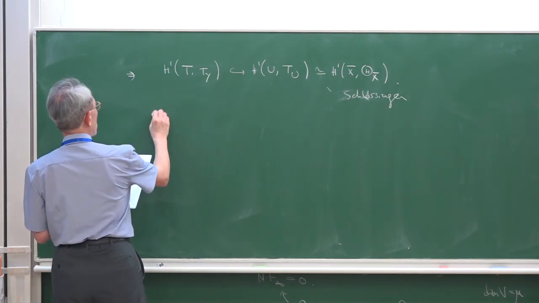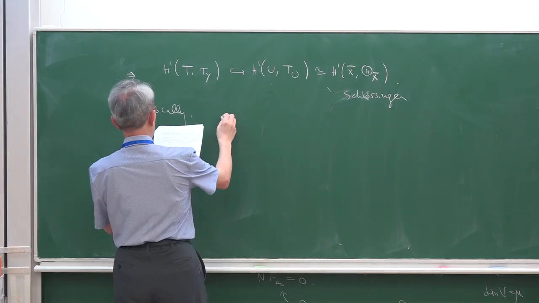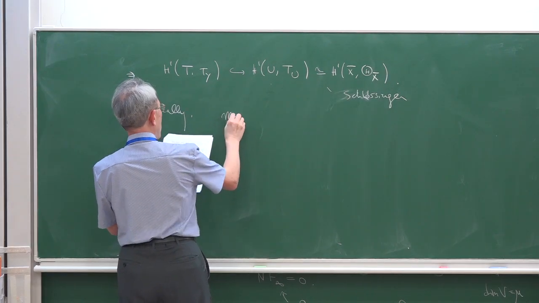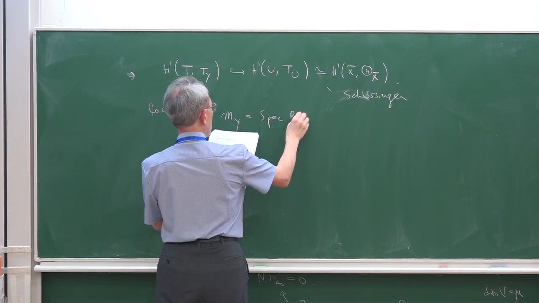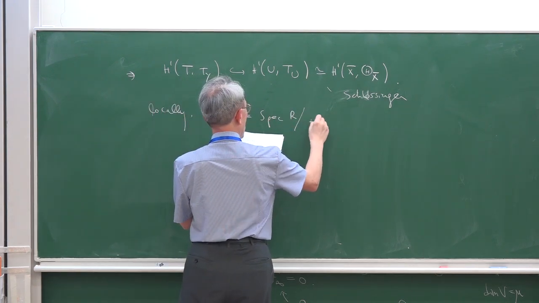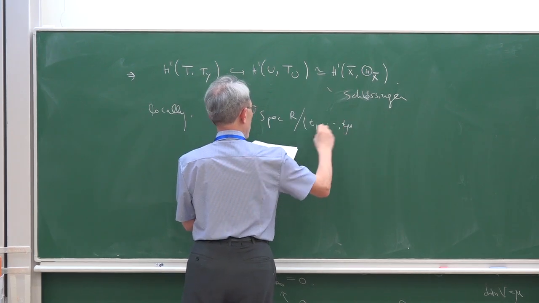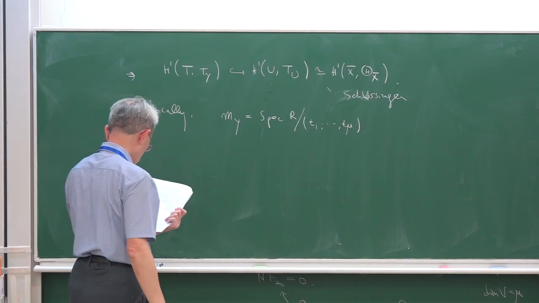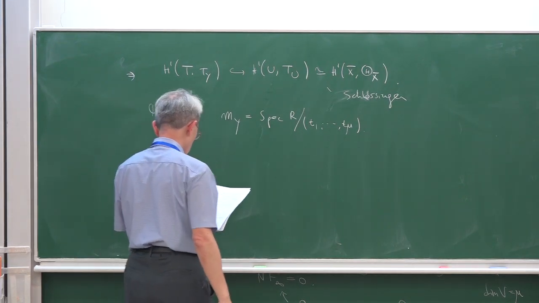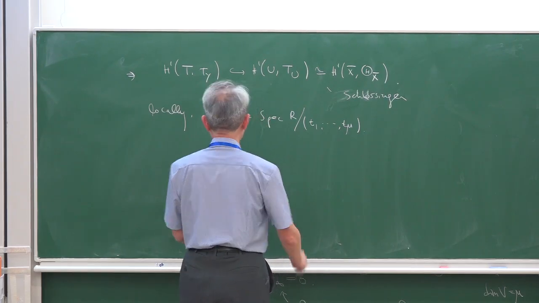And locally, we have M_Y is Spec of R quotient by P_1 to P_mu.